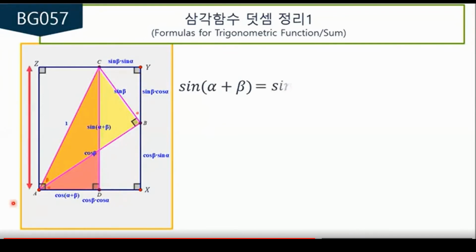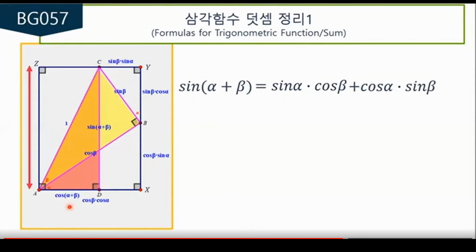From here to here. And this length is the segment YB plus BX, right? The sum of these two lengths would be this length. So sine of alpha plus beta is sine alpha times cosine beta plus cosine alpha times sine beta, right? This is the sum formula of sine.